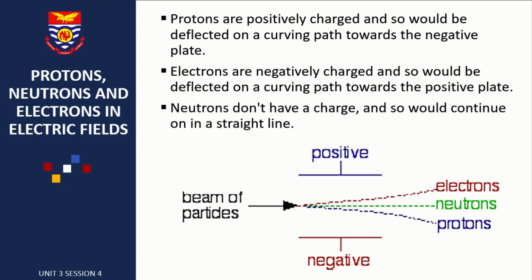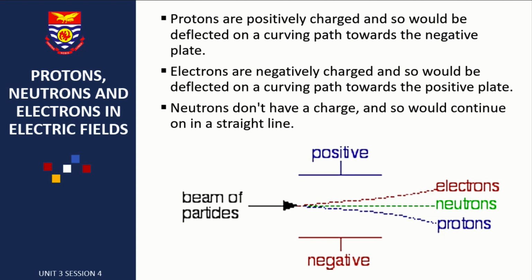Electrons will deflect on a curved path towards the positive plate. And the amount of deflection is exactly the same in the electron beam as in the proton beam, if the energies are the same. But of course, it is of opposite direction. And the neutrons continue to be in a straight line.